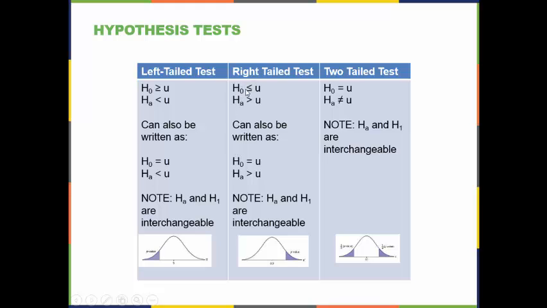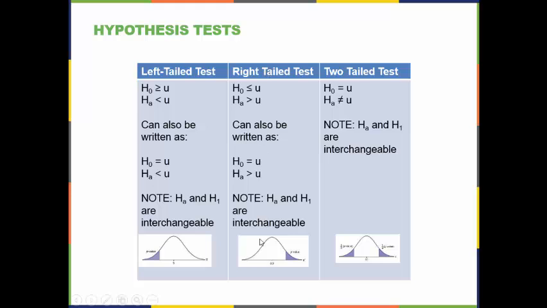In a right-tailed test, you're basically testing that you think the alternative is bigger. So with the age concept, I said 25.4 years, so H naught is that the mean is less than or equal to 25.4, and the alternative would be that it is greater than.